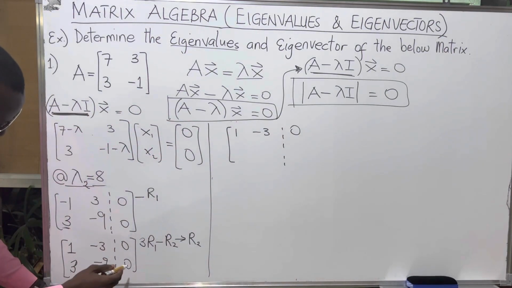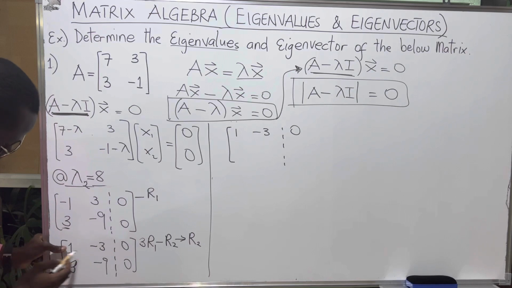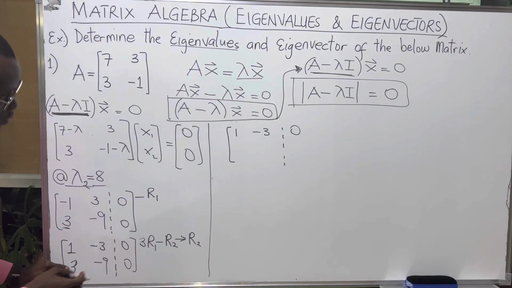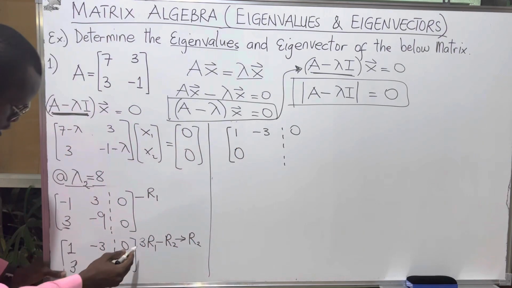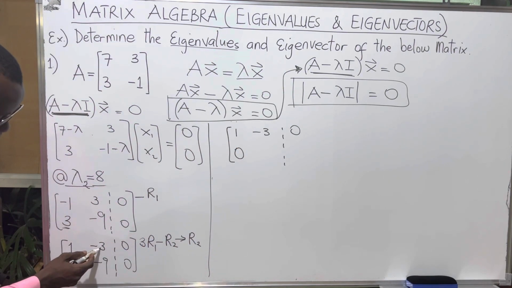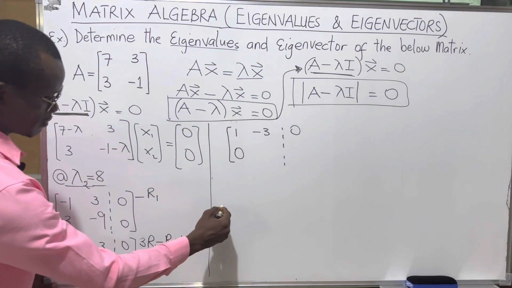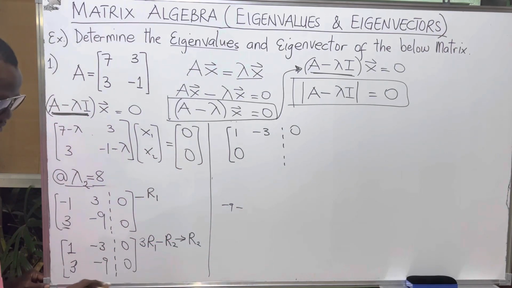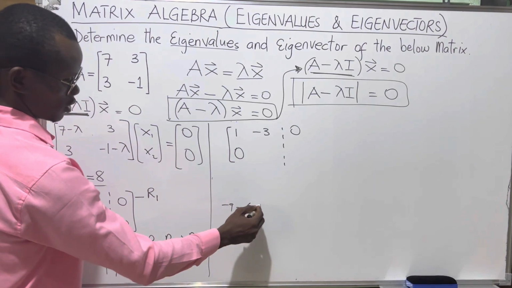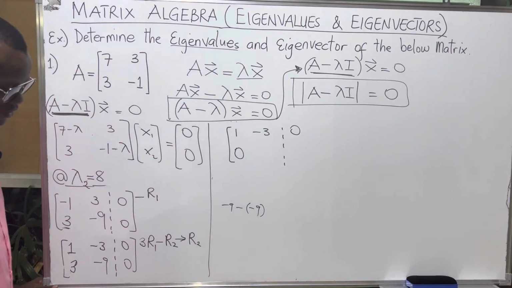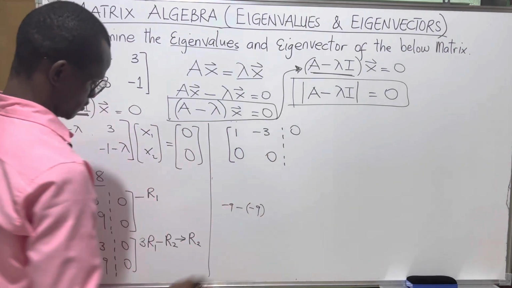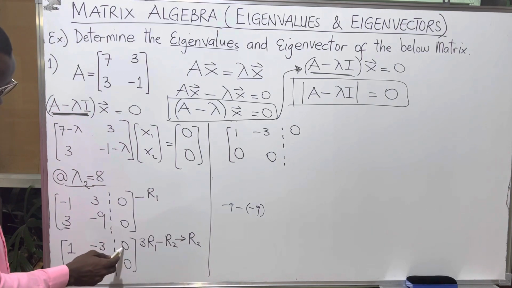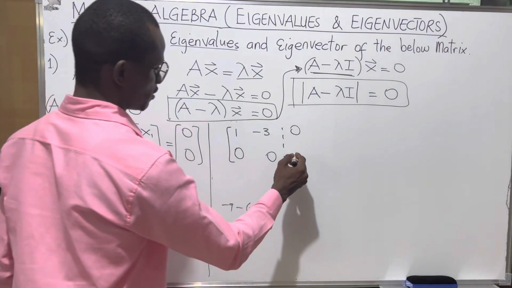And the second row now, this is 3 times row 1, which is just 3, minus this 3 is 0. 3 times this 3 is 9, so it's minus 9 minus our minus 9. So this minus and minus will give us positive, so this will just be 0 as well. And then 3 times this is 0. So this whole thing will just be 0.